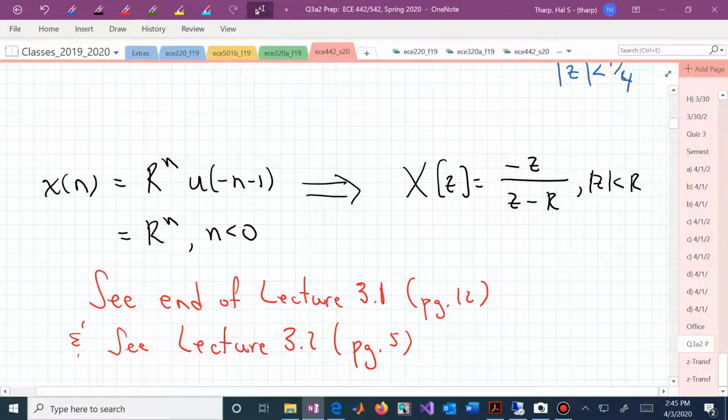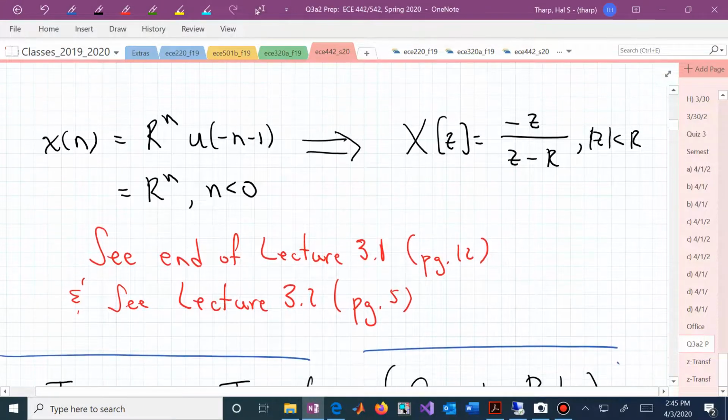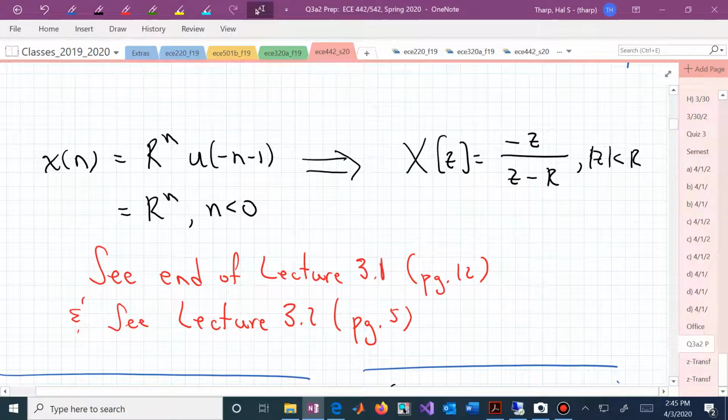Capital X of Z would then be minus Z over Z minus R. If you want to see where this capital X of Z comes from, go back to the end of lecture 3.1, page 12 in particular in the notes, and lecture 3.2, page 5.